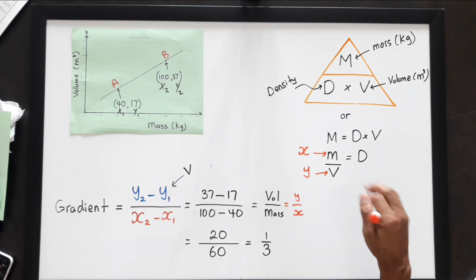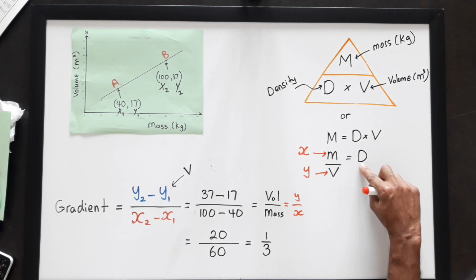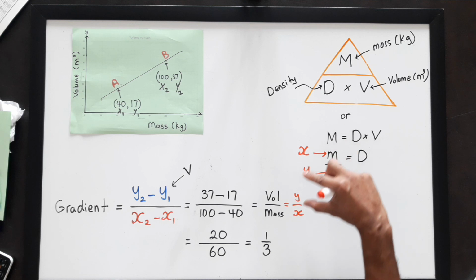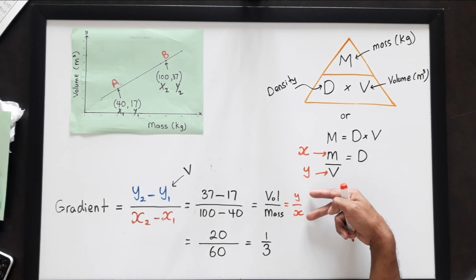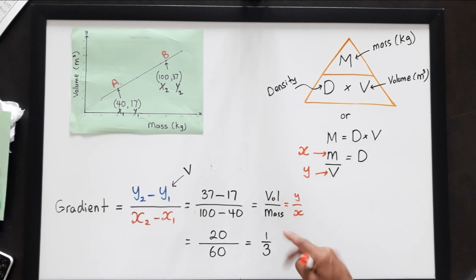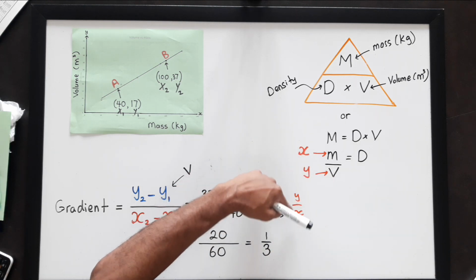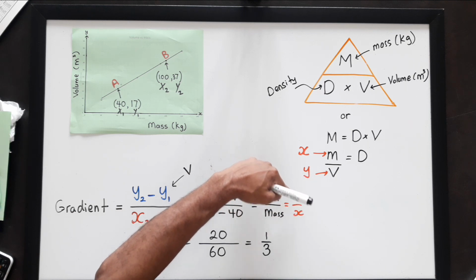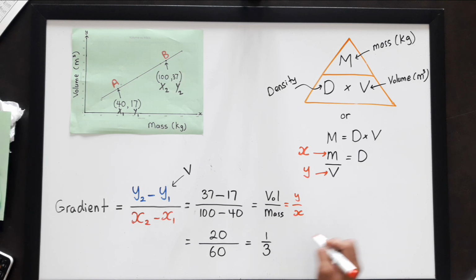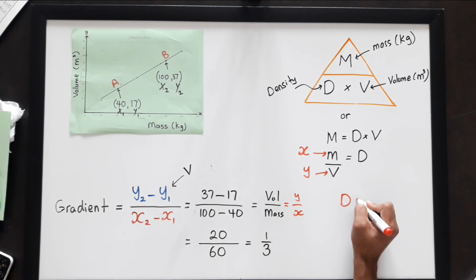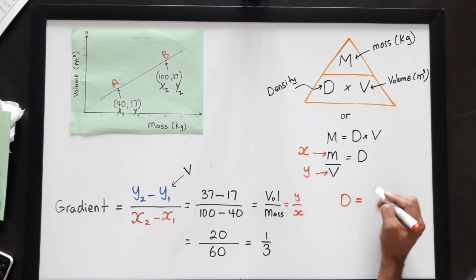So that means to calculate the density, it's actually the opposite of the gradient. So if I wanted to find the density, I would need to flip this value. The x needs to be on top and the y needs to be underneath to get the density. So that means the density is actually not 1/3.